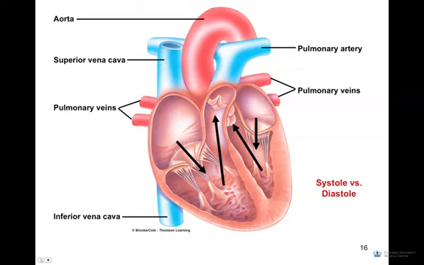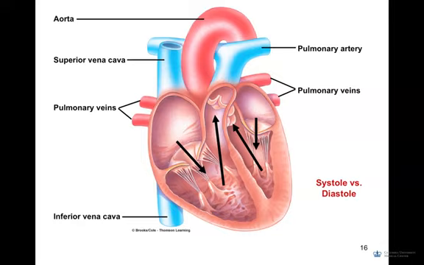Within a single heartbeat, or cardiac cycle, both atria contract, followed by both ventricles. And in between heartbeats, the heart takes a moment of rest.